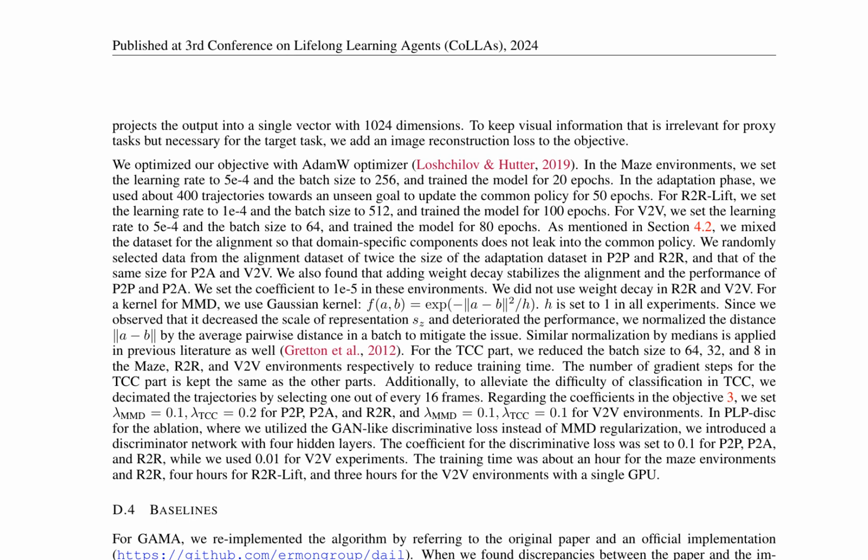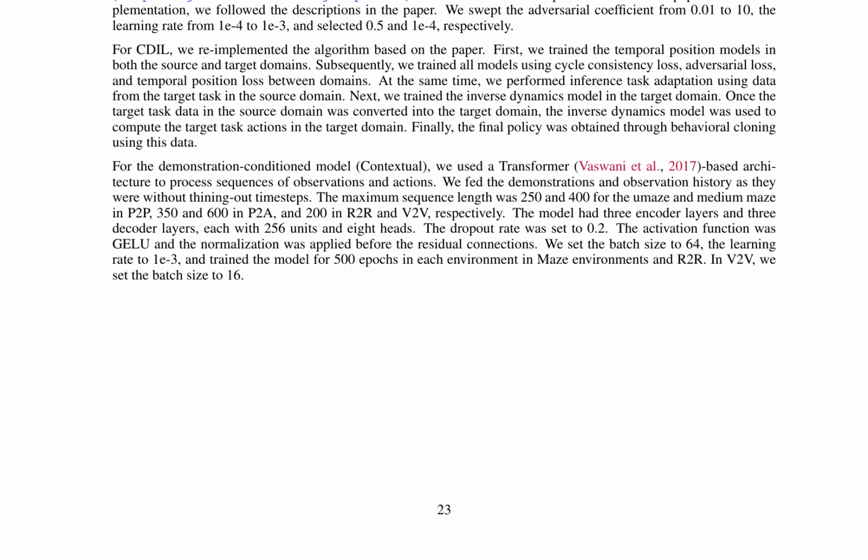different environments. The training process involves two distinct phases: an adaptation phase where the agent encounters unseen goals, and a mixed dataset phase for alignment. In certain environments, weight decay is applied to stabilize both alignment and performance. The kernel for maximum mean discrepancy (MMD) is chosen to ensure efficient data comparison, while the time contrastive loss (TCC) part helps in temporal alignment.